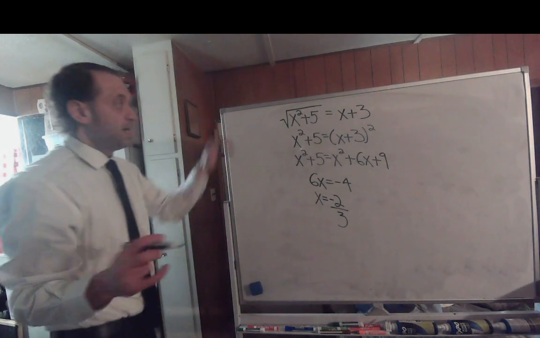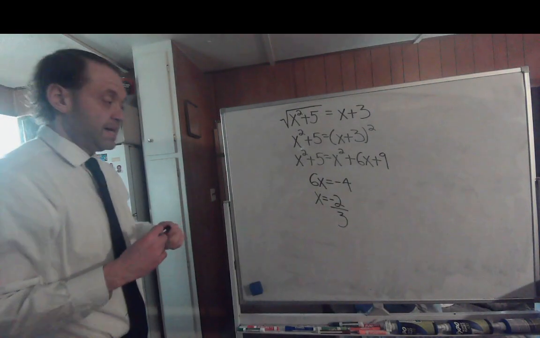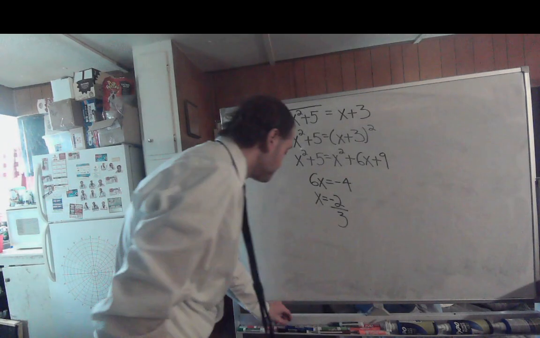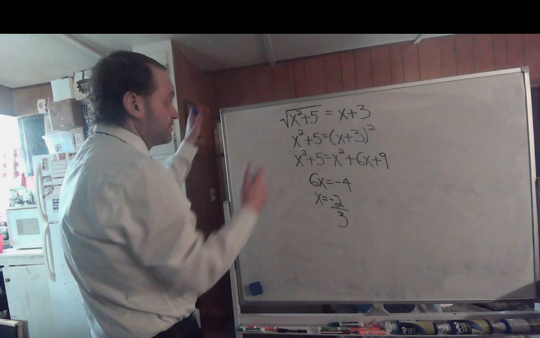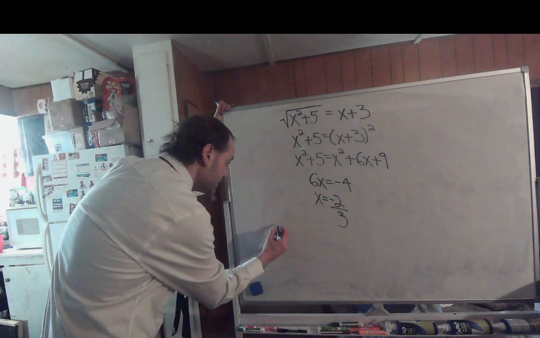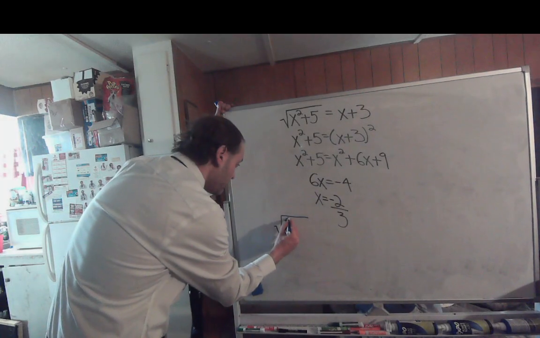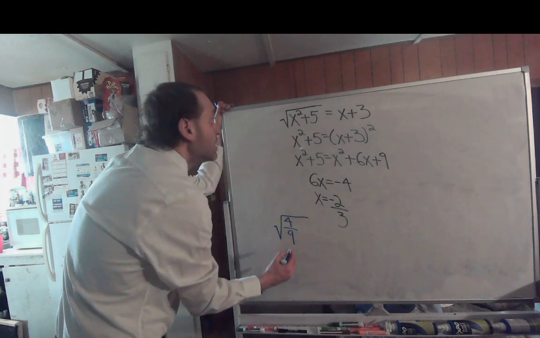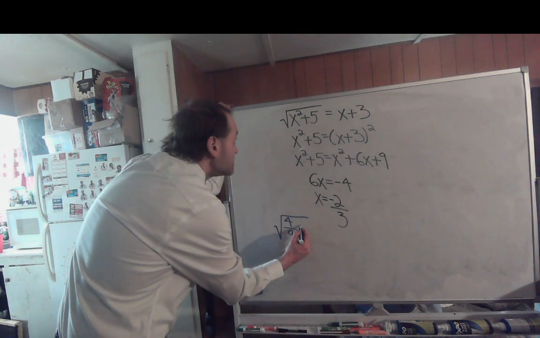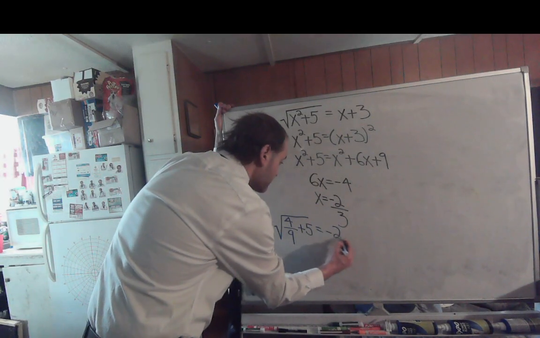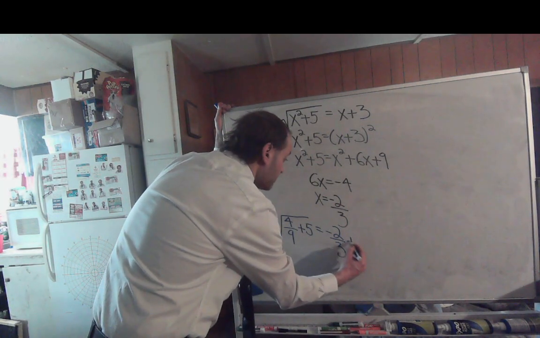But is this a viable solution? That's exactly what we have to find out. So put these in for your x values, okay? So negative 2/3 to the second power is 4/9. Then plus 5. Set that equal to negative 2/3 plus 3.